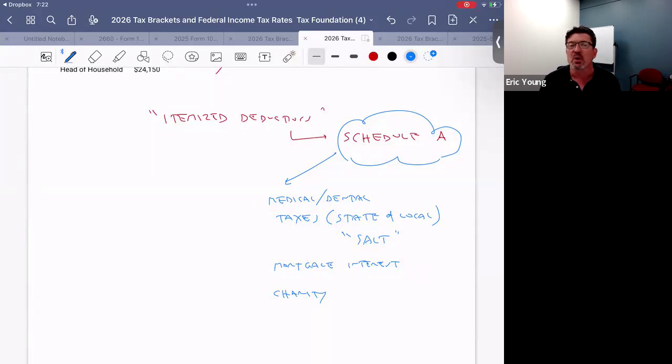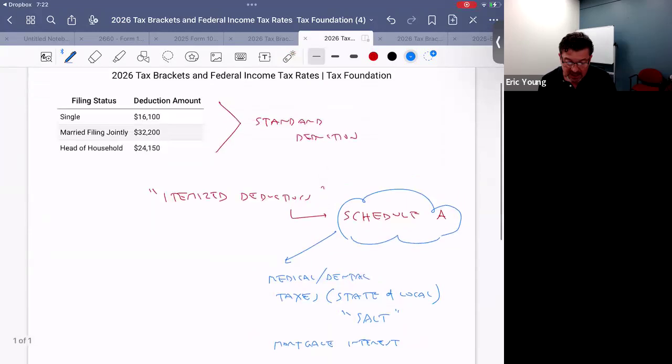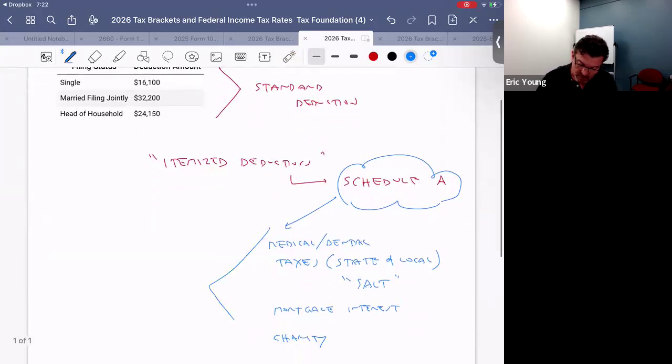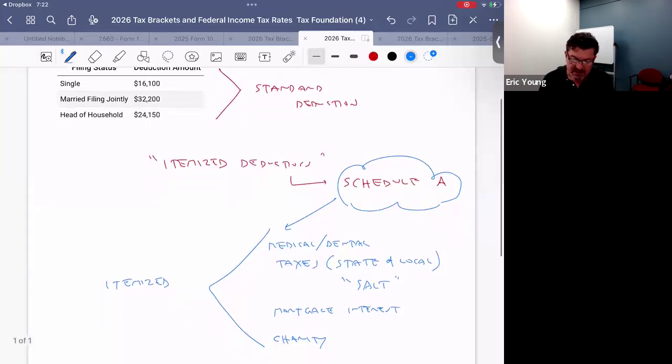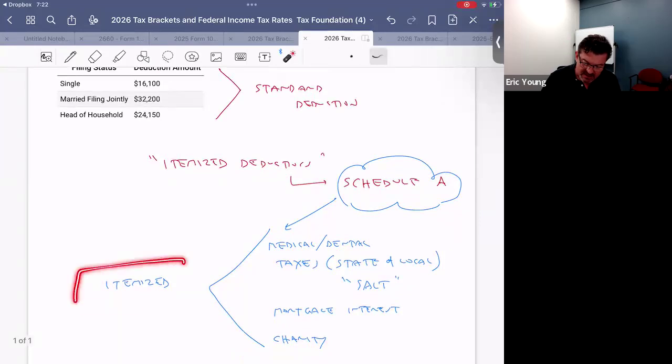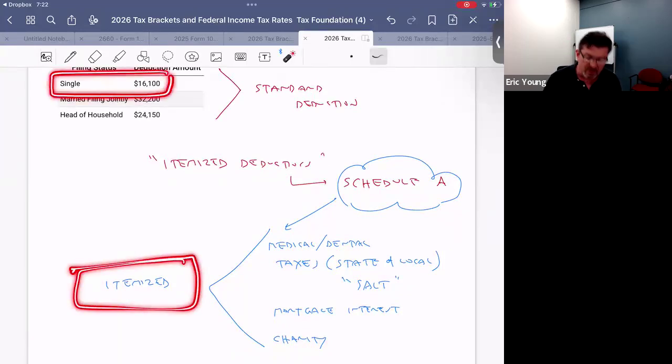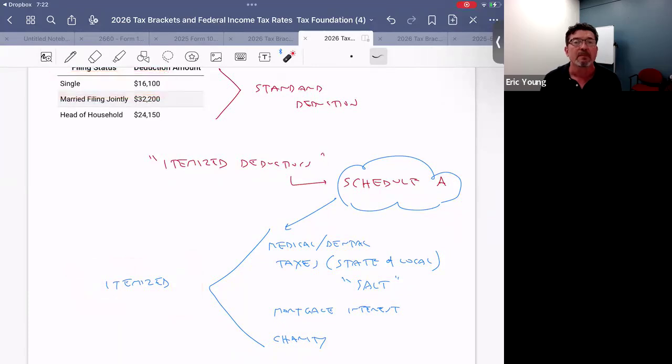Notice that today in 2026, the majority of Americans do not itemize. Because in order to itemize, so these are your itemized deductions, in order to itemize, these itemized deductions here have to be bigger than your standard. So for me, I'm single.